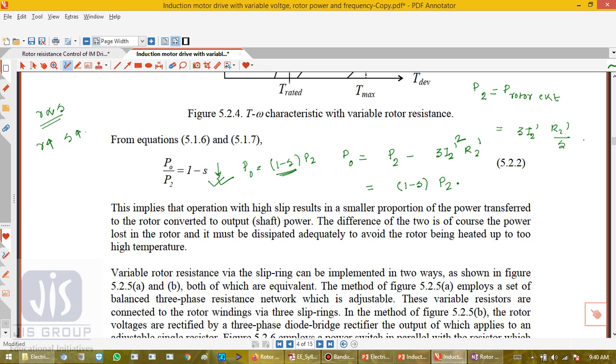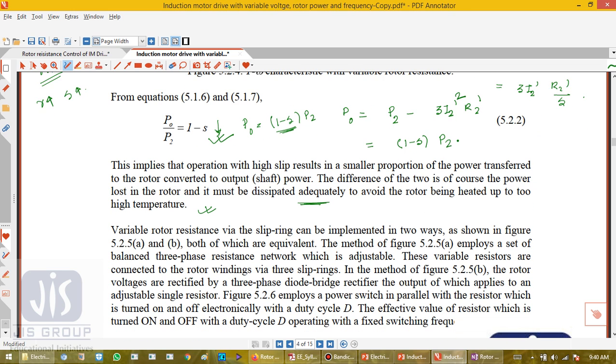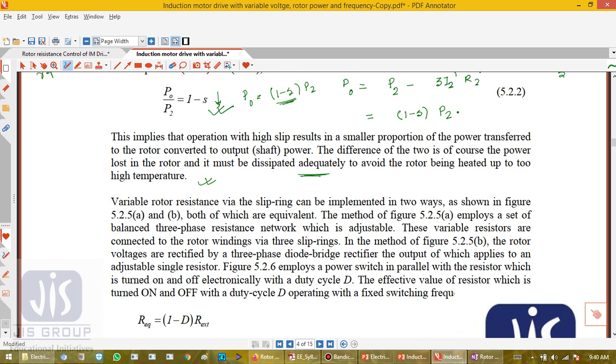As this value decreases at higher slip, it results in a smaller proportion of power transferred to the rotor being converted to the shaft power. And obviously the difference of these two is the power lost in the rotor. We should keep in mind that it should dissipate adequately to avoid the rotor being heated up to high temperature.